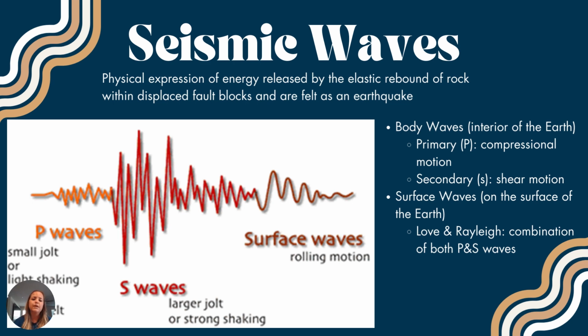Surface waves come rolling after, and they are on the surface, and that's what you actually feel. The body waves are primary and secondary: we have P waves and S waves. The primary wave moves in a compression motion, and the S wave moves in a shear motion, kind of like a snake. The surface waves, called Love and Rayleigh waves, are a combination of both the P and the S wave.